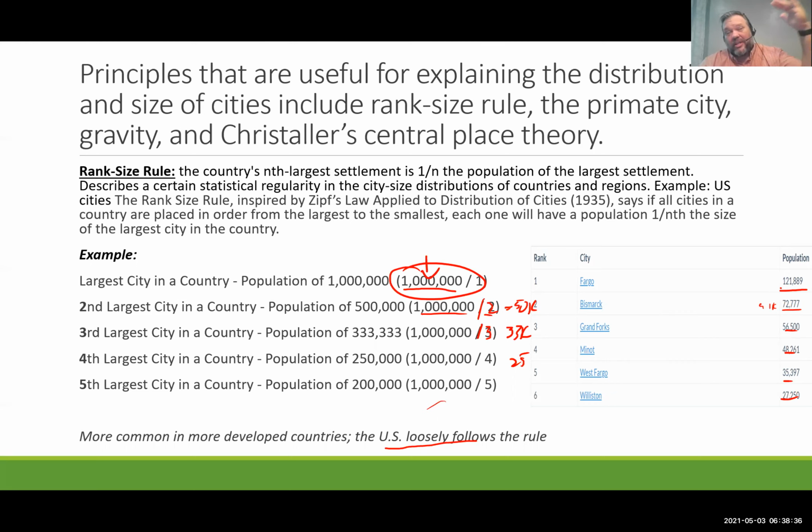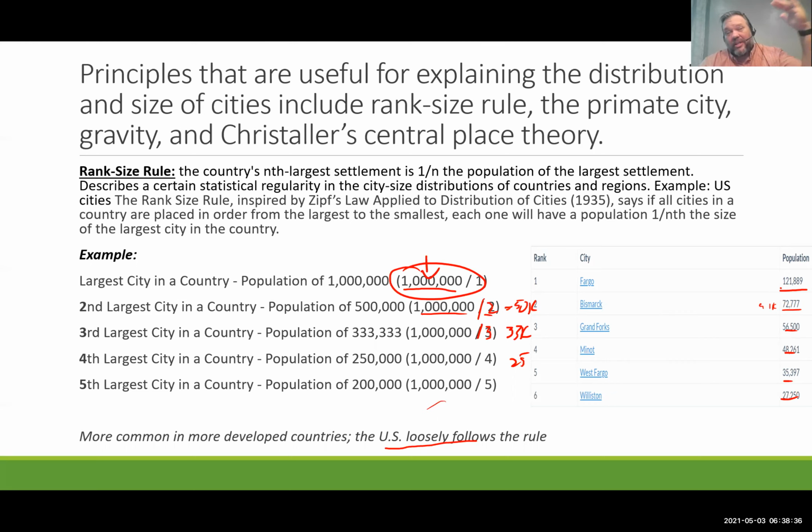The other is what we call primate city. The primate city rule says that it's an urban area that dominates its country's economy. Think about France. Paris is the big city. Nothing's even close. Here's the specific definition: it is more than twice the population of the next largest city.